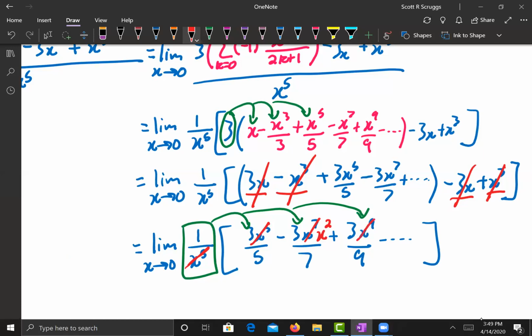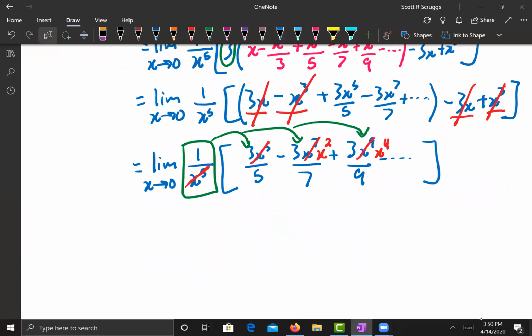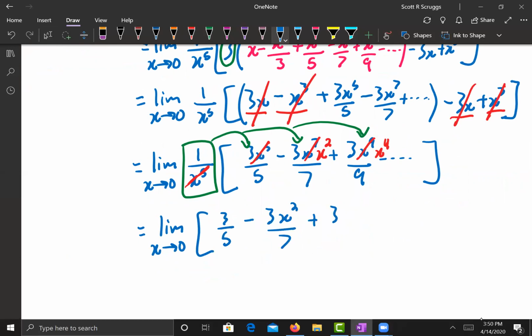For the third term, of 3/5 minus 3x squared over 7 plus 3x to the 4th over 9, and then so on.